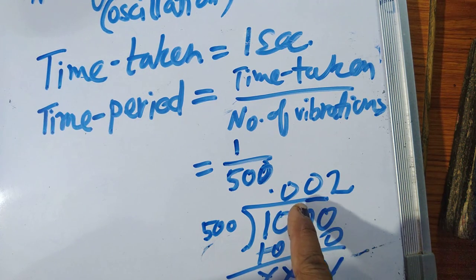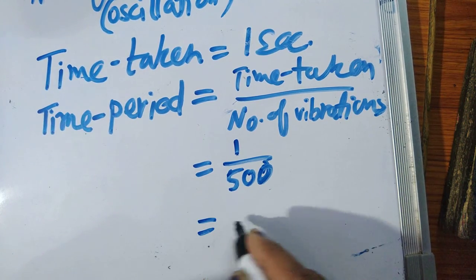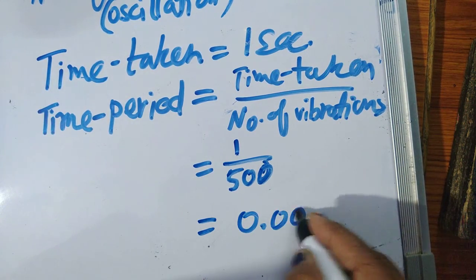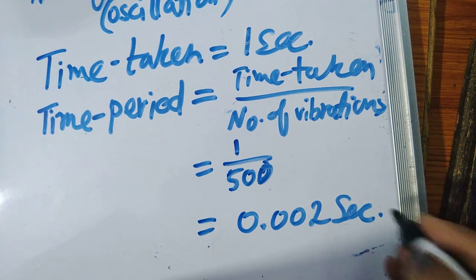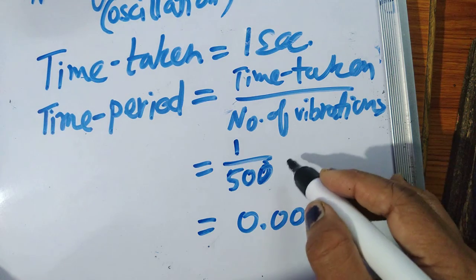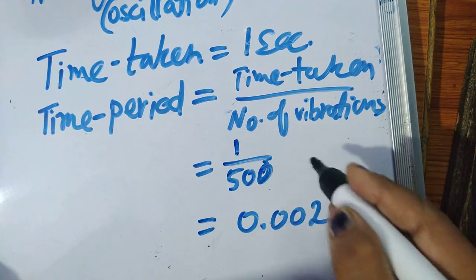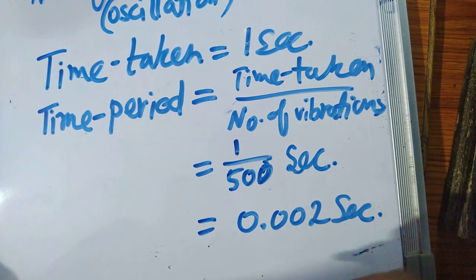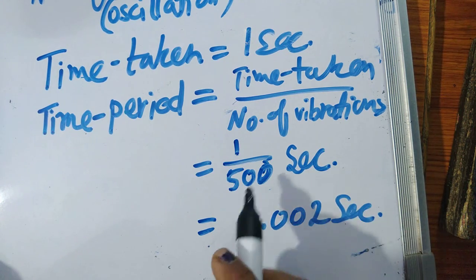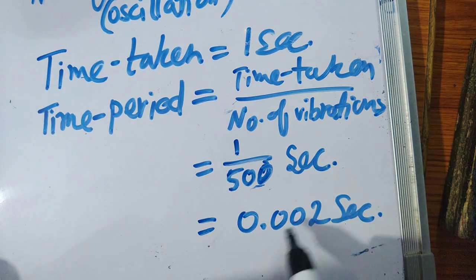So the time period we got is 0.002 second. Got it? So this was rough work. Time period is 0.002 second. Otherwise, if you are not able to solve this sum, you can leave it like this also. In the examination, if you don't have proper time, you can leave it like this, but it will be better to solve and find the answer in this form.